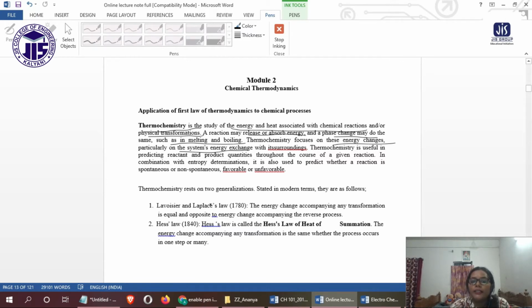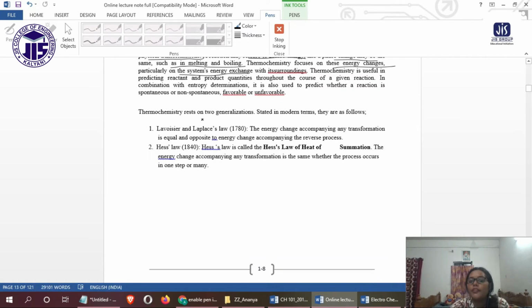Now thermochemistry rests on two generalizations: the Lavoisier and Laplace law, and Hess's law. According to the Laplace law, the energy change accompanying any transformation is equal and opposite to the energy change accompanying the reverse process.